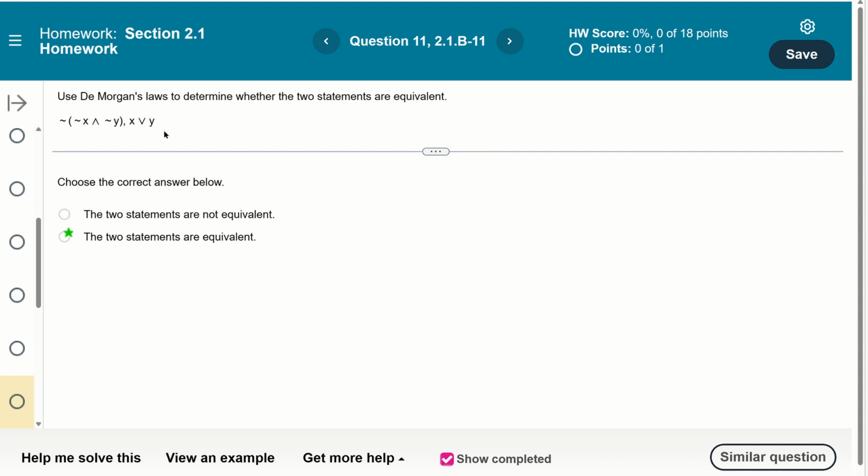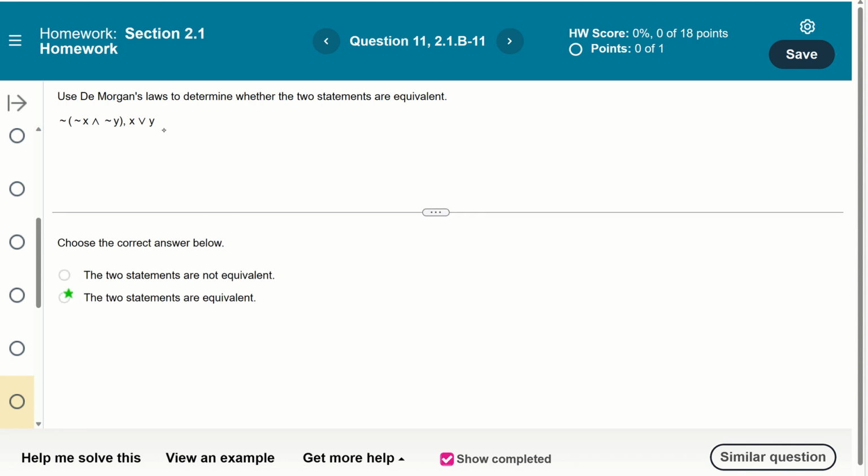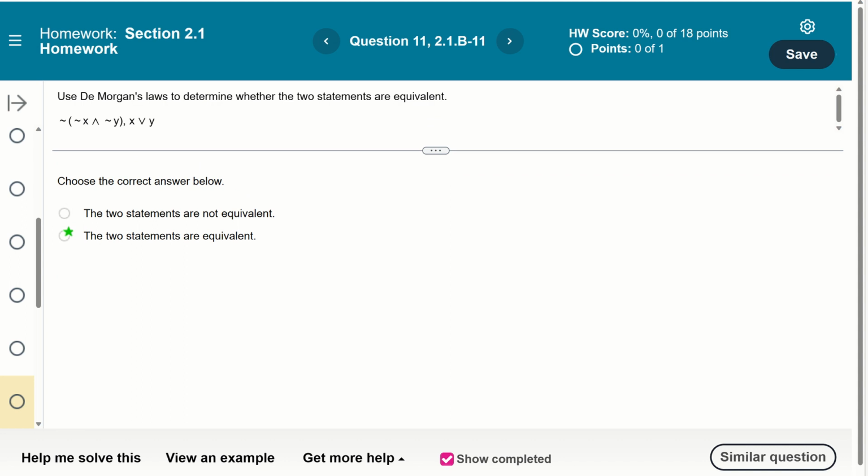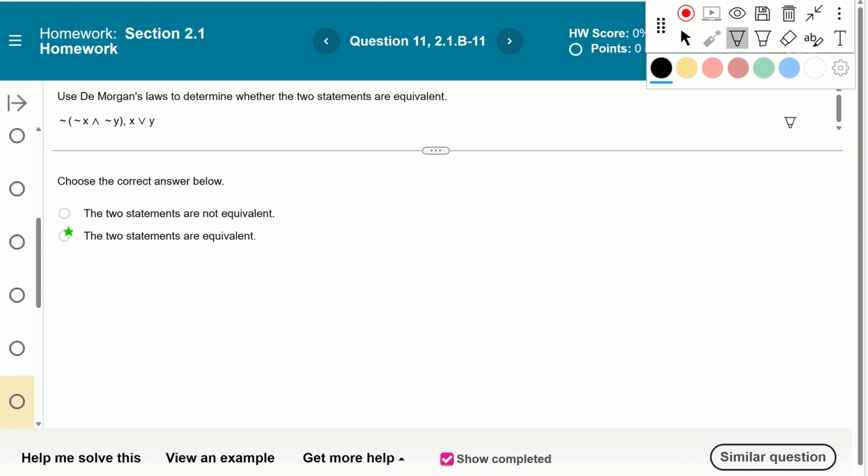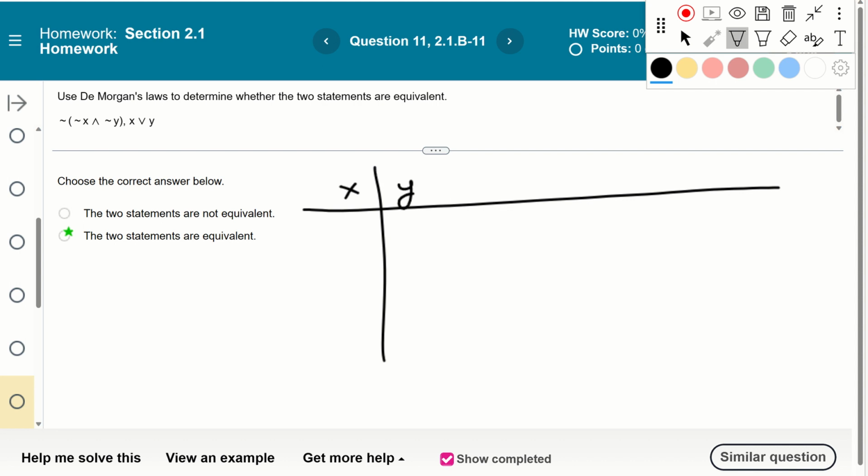Well, we can start by making our table. We're going to need x, we're going to need y, we're going to need not x, we're going to need not y.